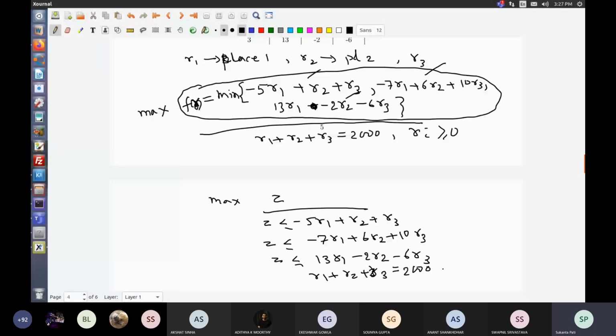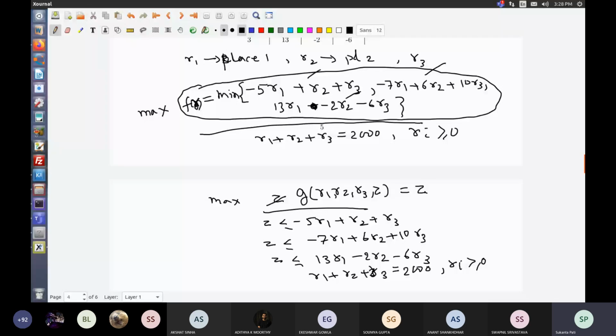If I do this, what is the difference? Look, on the top, the first one was a problem in 3 variables: R1, R2, R3. Right now, the second one is a problem in 4 variables. This one is actually g of R1, R2, R3, z, and that objective function g is just z.